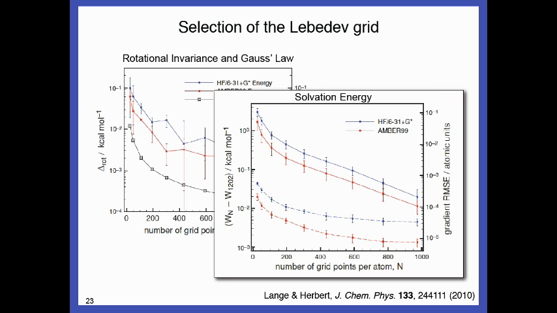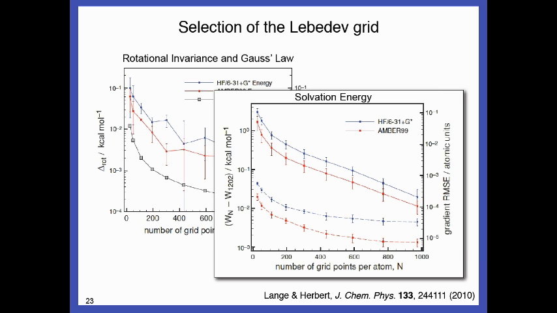The second graph shown on this slide, again, in the interest of time, if we just look at the scale on the left. In this paper, we were calling the solvation energy W. So W is the electrostatic molecule-continuum interaction energy, and we're looking at the difference between W with n grid points per atom and W with 1,202 grid points per atom, which we think is basically converged.